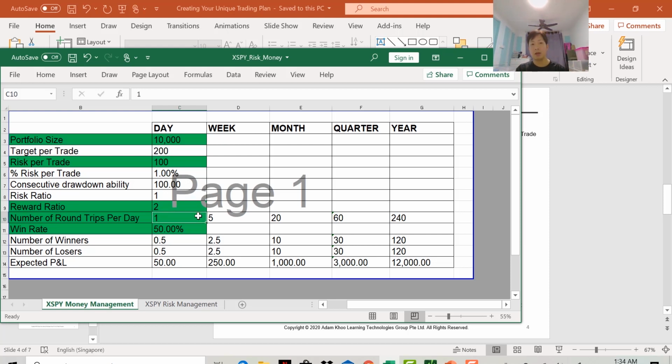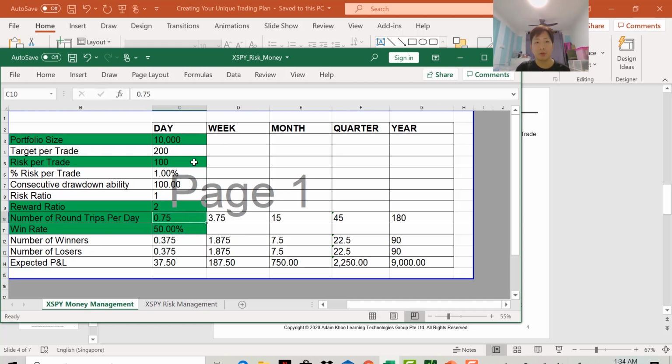Let's say you are a swing trader. If you're looking at the 1 year 2 days chart, you typically have around 15 trades per month. So for 15 trades a month, you change this to 0.75.